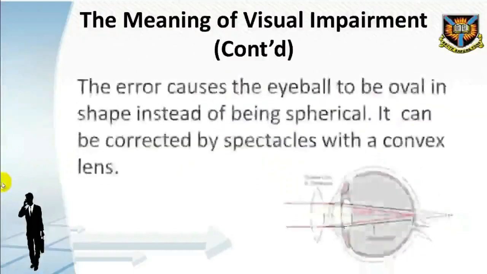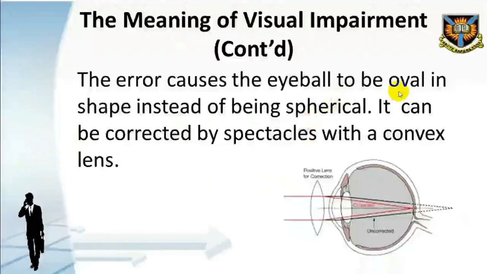The error causes the eyeball to be oval in shape instead of being spherical. As a result of the oval shape of the eyeball, the light rays entering the eye are focused behind the retina, causing a blurred vision. Hypermetropia can be corrected by spectacles with convex lens.